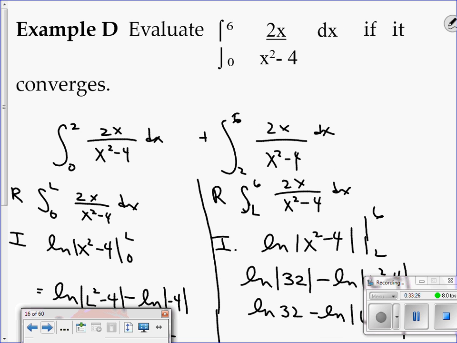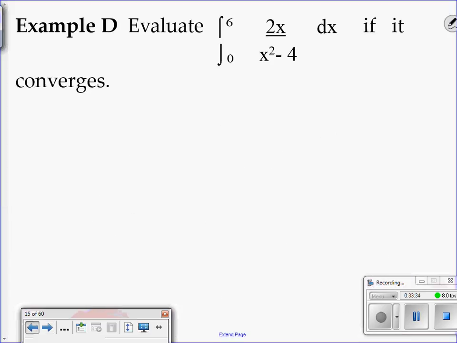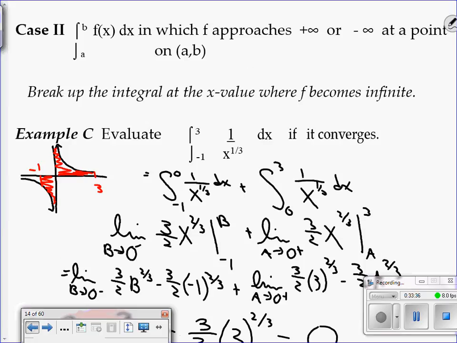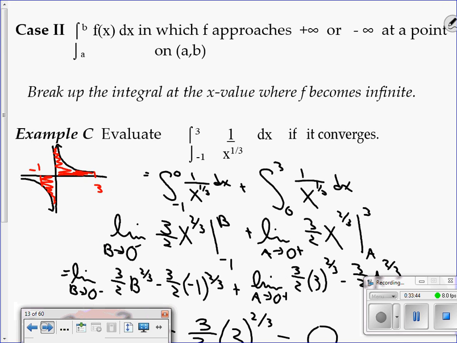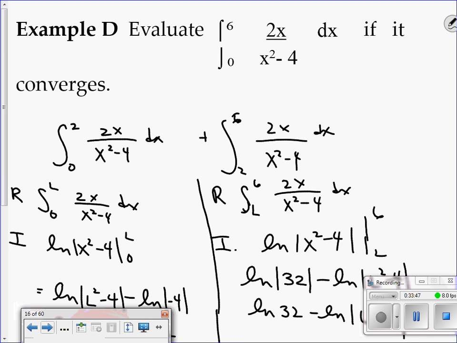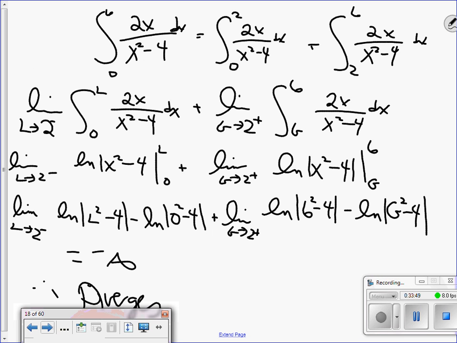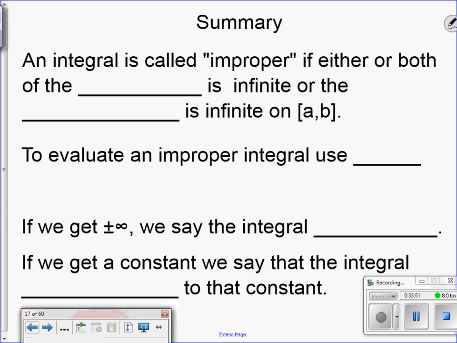What's that? Yeah. It has A, B, and C on it? Oh, don't do whatever part C was. You don't have to do that.